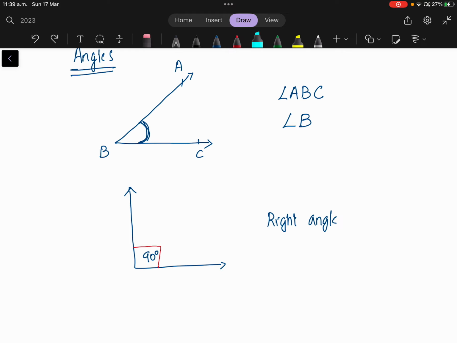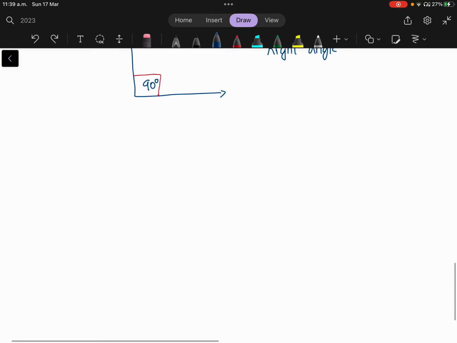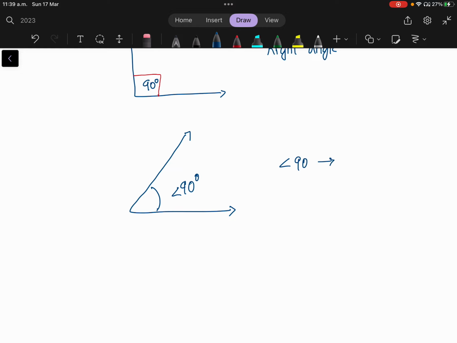And then the second one is less than 90 degrees. So this is something around maybe 60 or 70, whatever it is, less than 90 degrees. Angles less than 90 degrees are called acute angles. Let me write it neatly. Acute angles. Greater than 90 degrees are called obtuse angles.